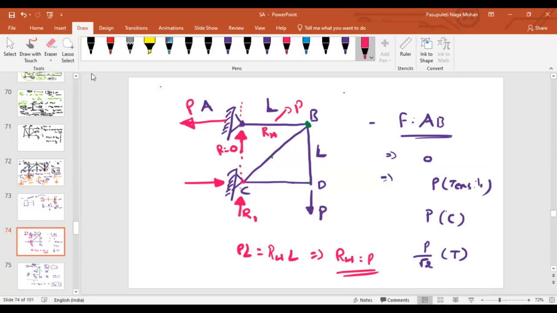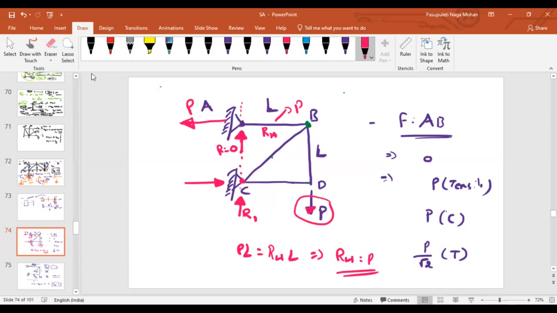Let us consider point C. Because of this force P, what is the moment generated at point C? Clockwise, PL, about C. That has to balance, isn't it?